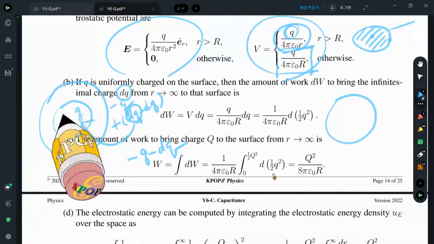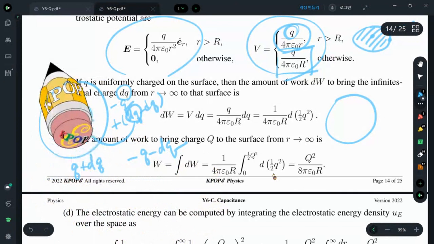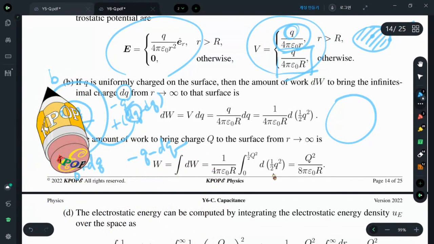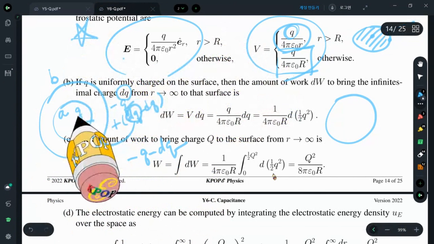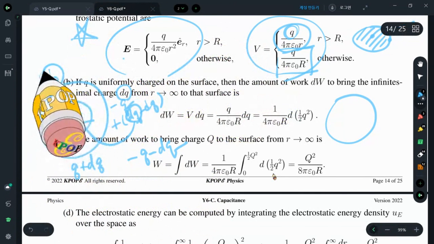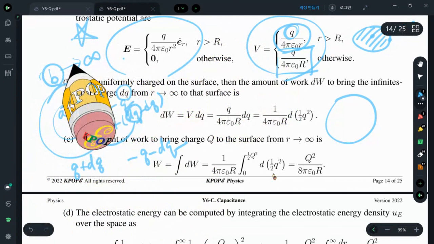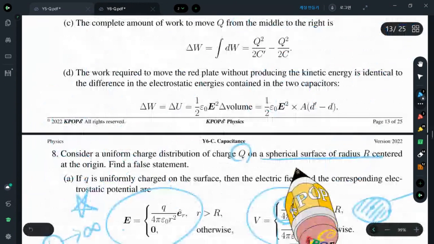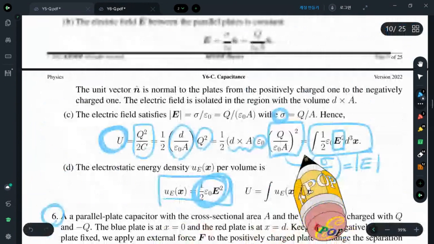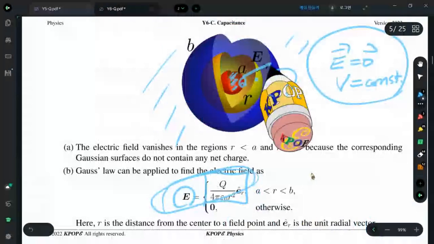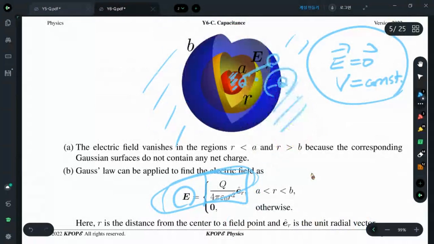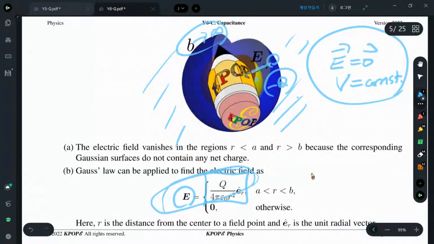In this problem, we have inner radius A and outer radius B. This problem is the same as the previous problem when we take B to infinity. So I hope you repeat the calculation by substituting B going to infinity in the previous problem, where we have two spheres.